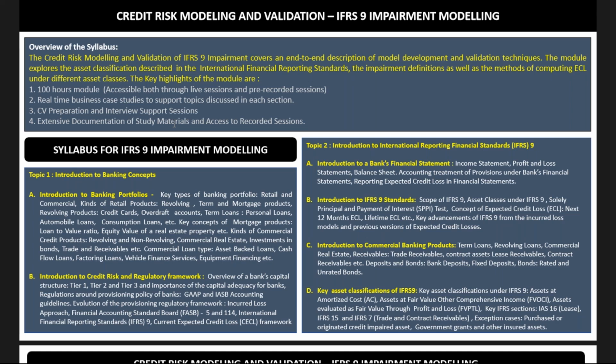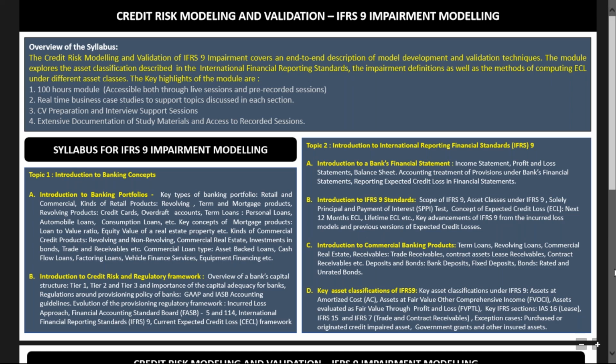After that, the next part is the introduction to the IFRS 9 standards, where we talk about the scope of IFRS 9, the key asset classes under IFRS 9, the concept of the solely payments of principal and interest, etc. Then we move on to the introduction to commercial banking products and the key classification under IFRS 9, and the standards we must talk about.